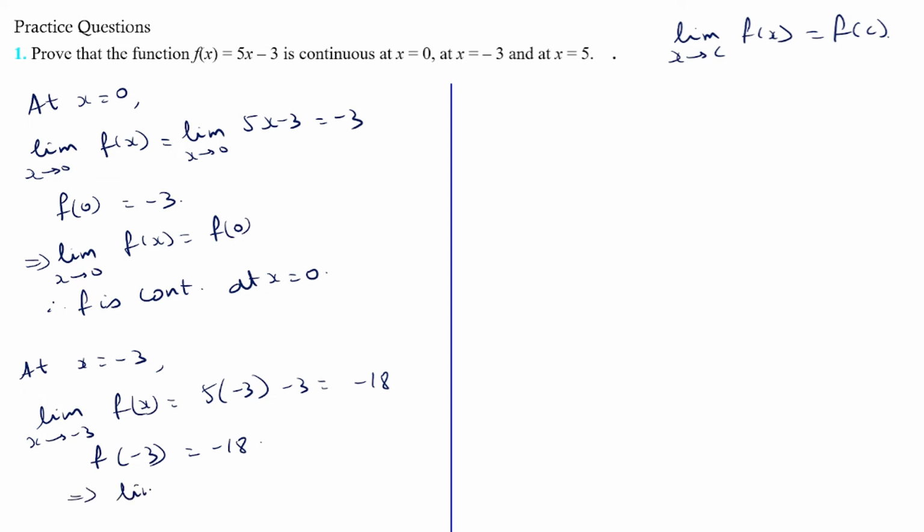So this implies limit x tends to minus 3 of f of x equals f of minus 3. Therefore, f is continuous at x equal to minus 3. Now at x equal to 5.